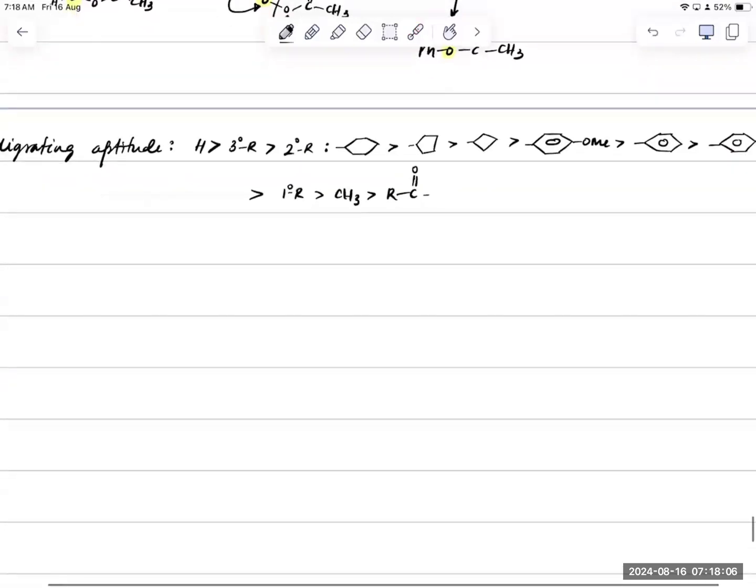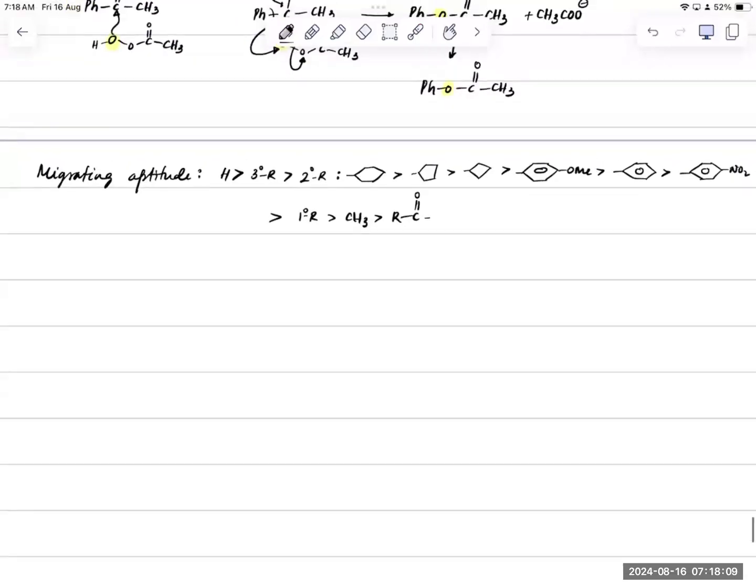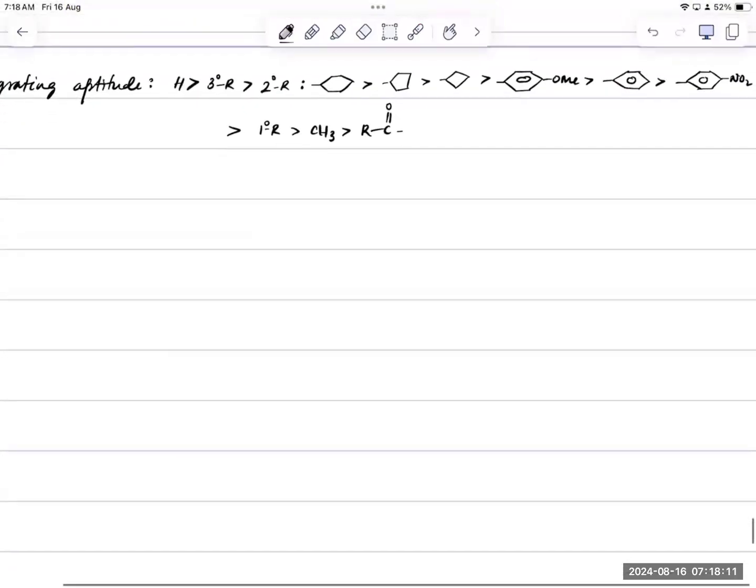Okay. So let's see, out of all of these cases, with examples, it will be much easier to understand. Suppose if I have R, C double bond O, C double bond O, R. If you have two double bond O groups here, correct? In that case, the migrating aptitude would be better between these two. That is the only exception which you will have.